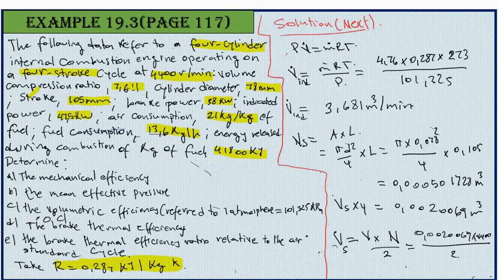I call it total because I've multiplied by the number of cylinders. This is expressed in cubic meter, but this is expressed in cubic meter per minute.